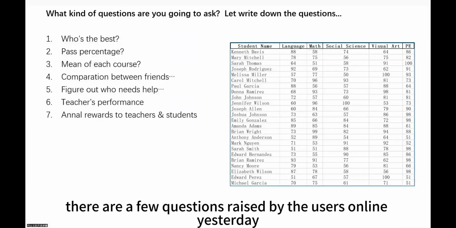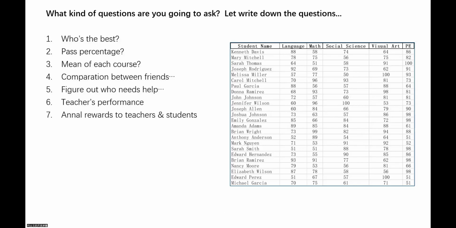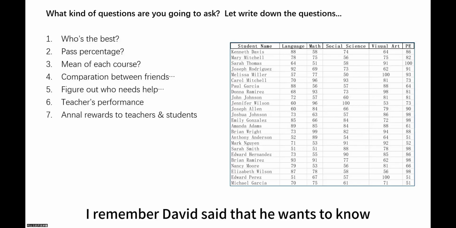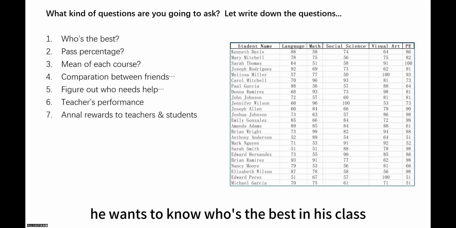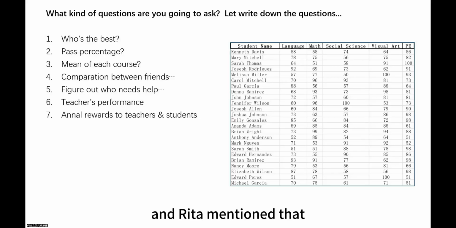There are a few questions raised by the youth online yesterday. David said that he wants to know who's the best in his class. And Rita mentioned that she wants to know the pass percentage. Usually we consider scores below 60 as failure, and scores higher than 60 as pass.